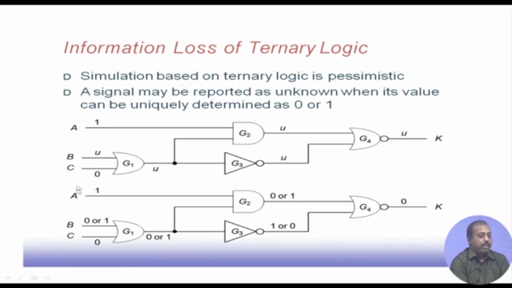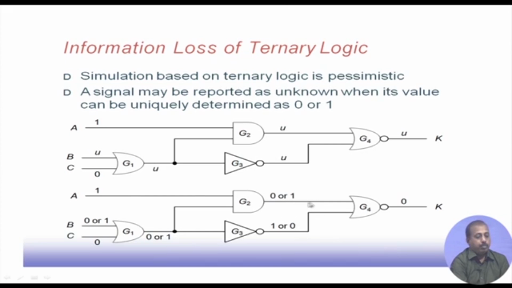Now, you see that unknown is basically 0 or 1. So, instead of U, if we write 0 or 1, then at this G1 I cannot say what it is. It remains 0 or 1, that is unknown. Similarly, at this point one of the inputs is 1, so whatever it is, 0 or 1, that 0 or 1 comes here. Similarly, at this point 1 or 0 comes. So, if this happens to be 0, then this is 1, and if this happens to be 1, this is 0.